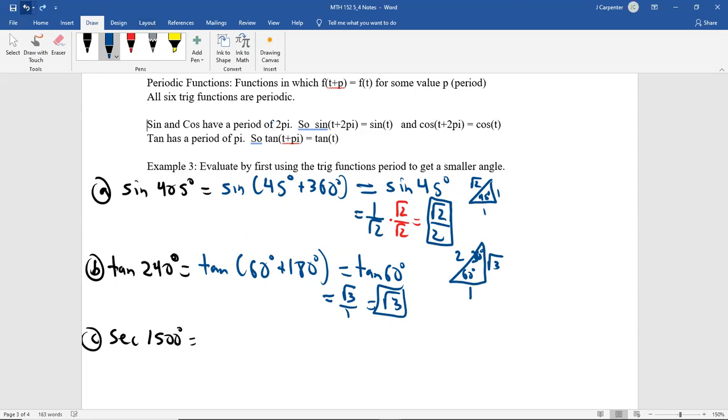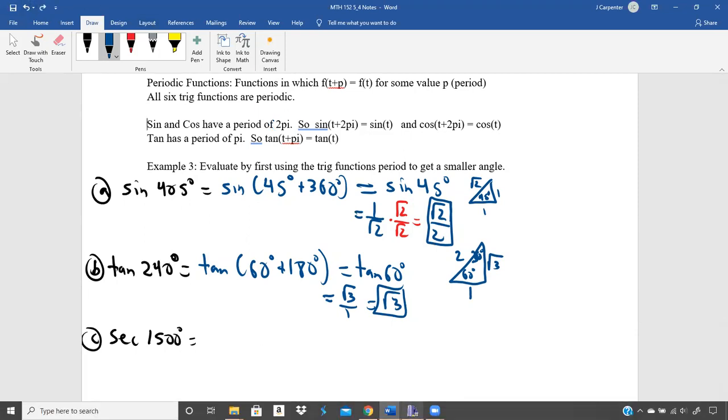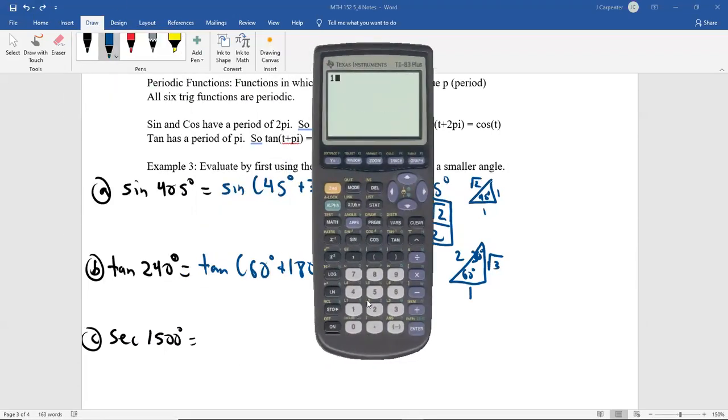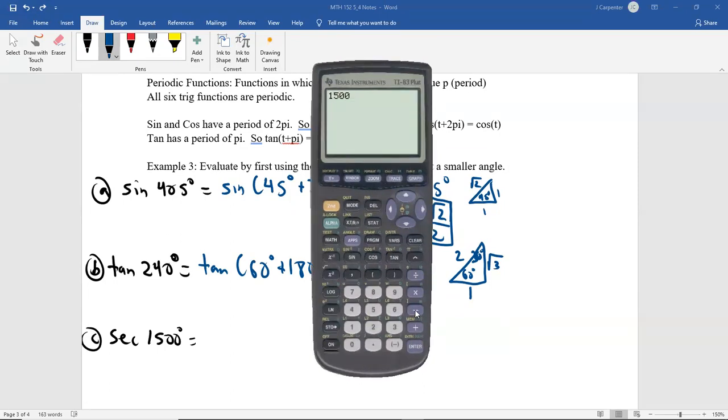So you would need to figure out how many 360s there are, and you can just quickly pull up a calculator. I mean, you should be able to do that in pencil and paper too. All right, 1500, minus 360, that's one of them. Not enough, minus 360. Not enough, minus 360. Not enough, minus 360. Boom, there we go. That was 4 of them, 4 times 360, just so I can write a regular old number, is 1440.